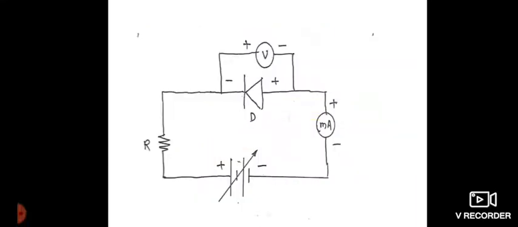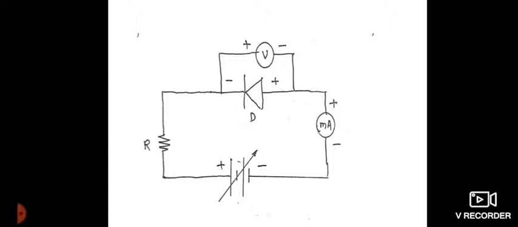As shown in the diagram, the positive is connected to the negative of the diode, and the negative of the battery is connected to the positive of the diode. So here, as the positive is connected to the n layer, the electrons, which are the majority carriers in the n layer, will be attracted towards the positive of the battery and will try to move away from the junction.